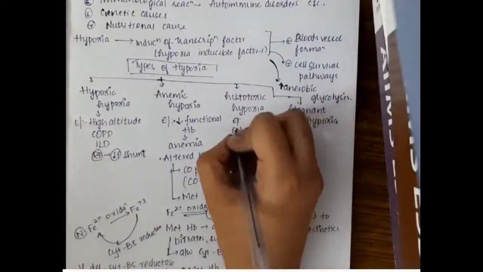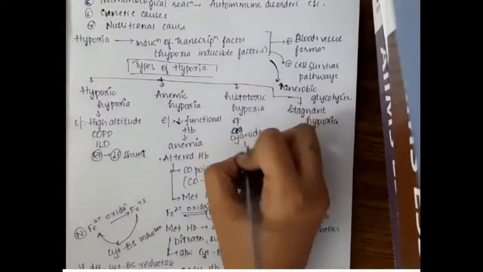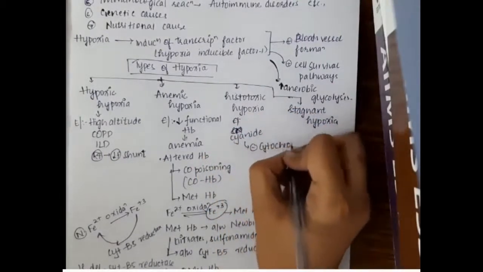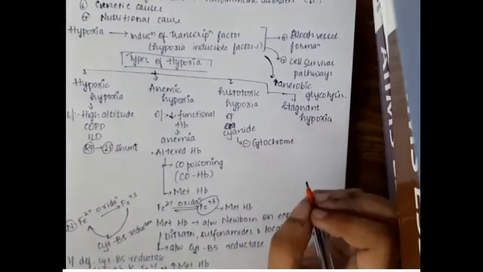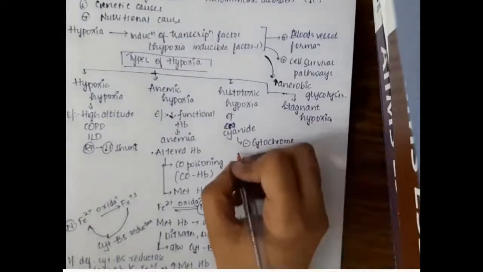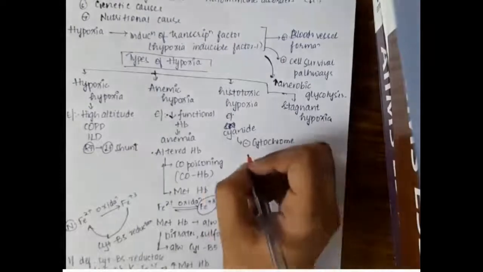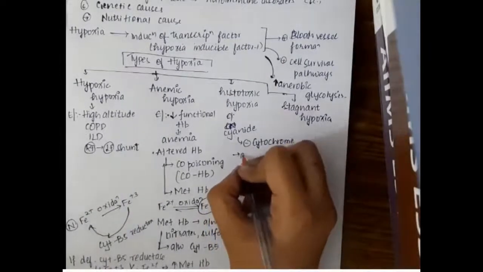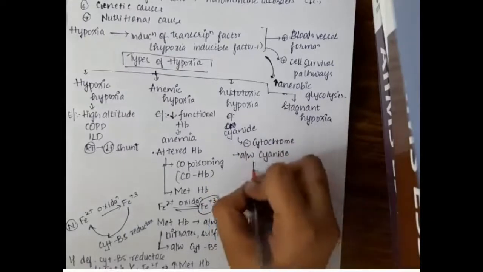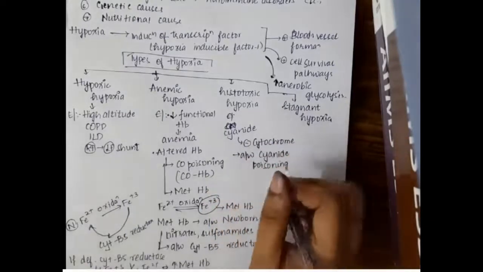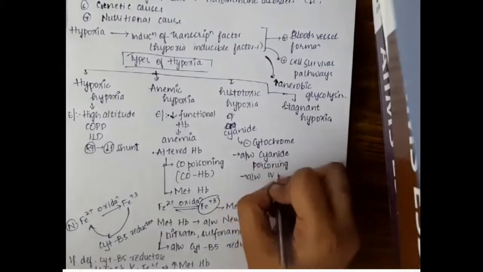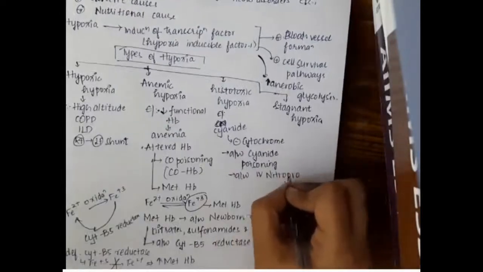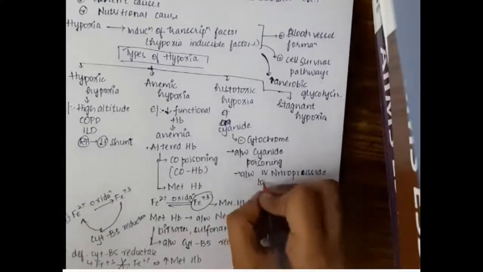The third type of hypoxia, histotoxic hypoxia, if you see the etiology, is due to cyanide poisoning. Cyanide will inhibit cytochrome, which is important for generation of ATP through the electron transport chain. Cytochrome is an enzyme in the electron transport chain. So there is no ATP, so it is toxic to the cells.